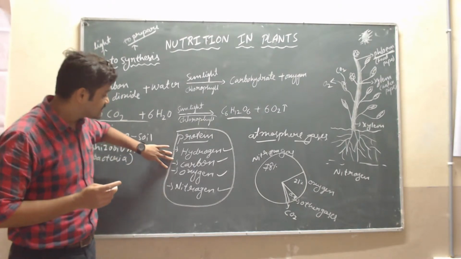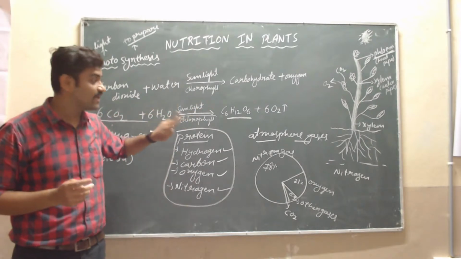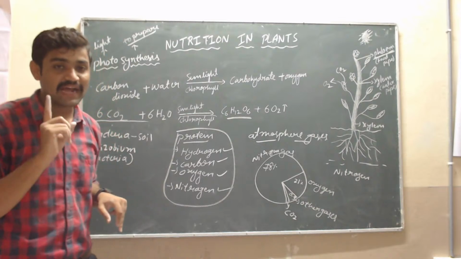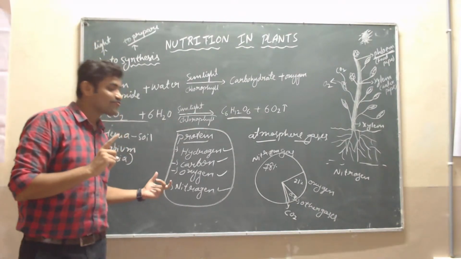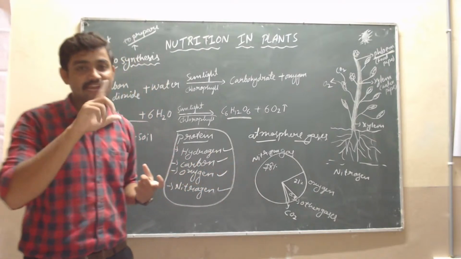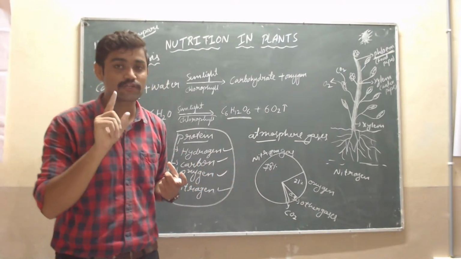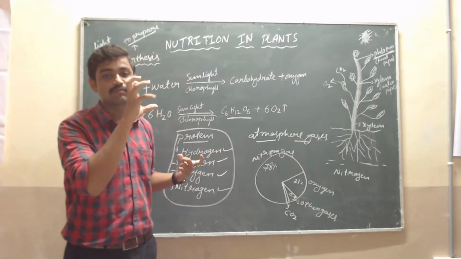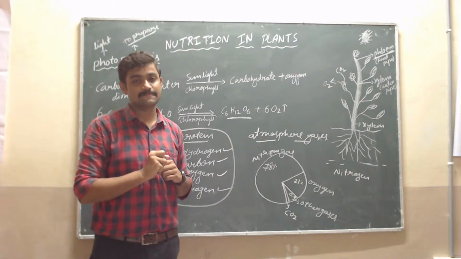These 3 are already present, but nitrogen is absent. In our atmosphere 78% nitrogen gas is there, but plants will not absorb nitrogen gas directly.